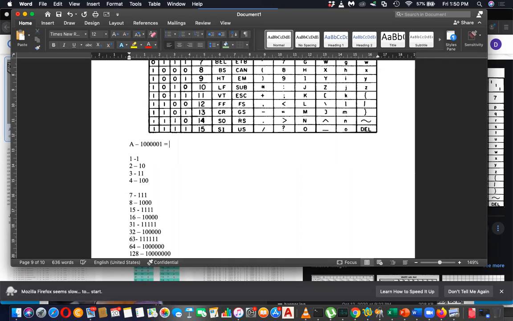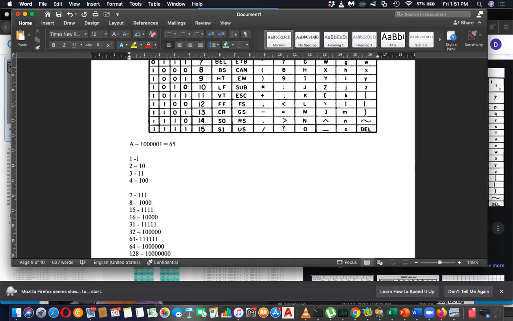What is the decimal value? 1, 2, 4, 8, 16, 32, 64. Altogether it is 65. So you can test this even.